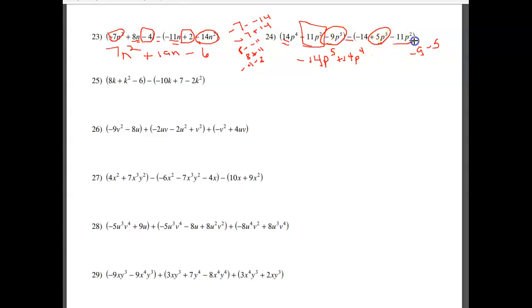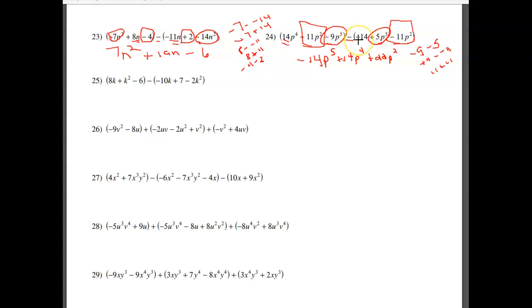Well, here's another p squared. So that would be a positive 11 minus a negative 11, which would be positive 11 plus 11, which is going to give me plus 22p squared.